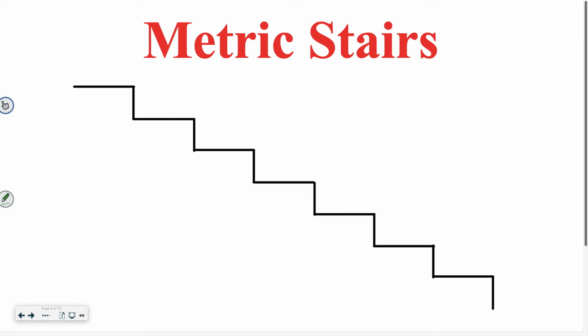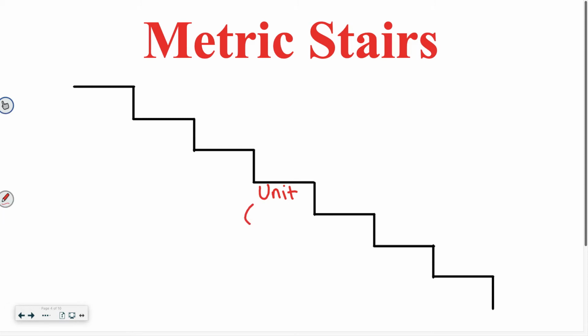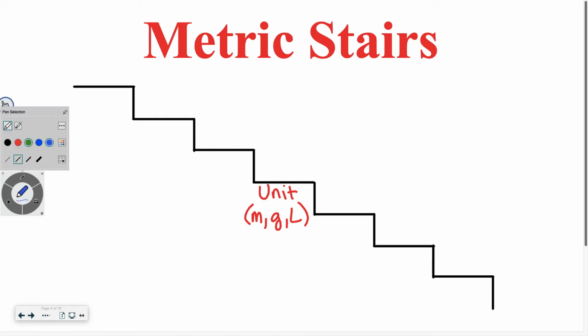In the middle, whatever unit you begin with, whether that's meters, grams, or liters, that goes in the middle. Then there are some prefixes that help you figure out whether we're getting bigger or smaller.